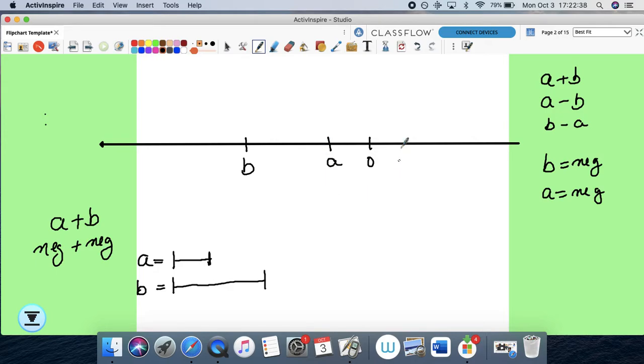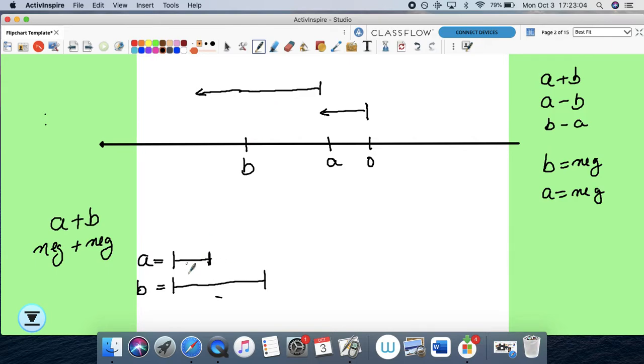I am adding their absolute value. So here's me walking to a, right? And to that, I'm going to add this distance of b to the end of a, but I'm moving further left on the number line, sorry, and I'm going to go a little bit more.